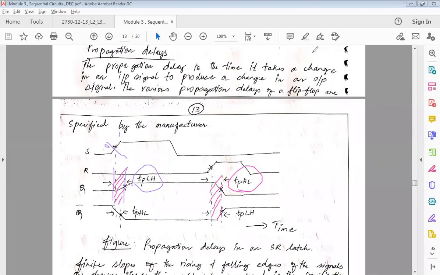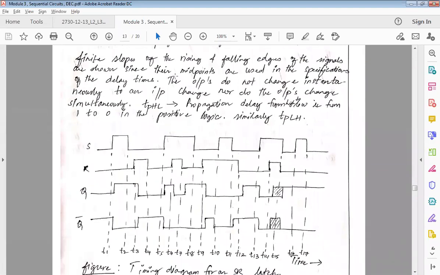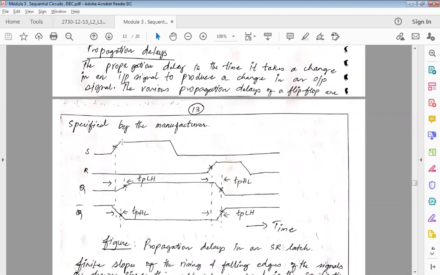The various propagation delays of flip-flop are finite slopes of rising and falling edges of signals as shown. Since their midpoints are used in specifications of delay times, the outputs do not change instantaneously to an input change. Okay, so here at this point I want high.